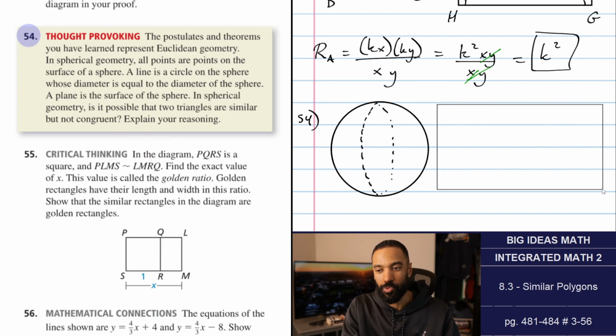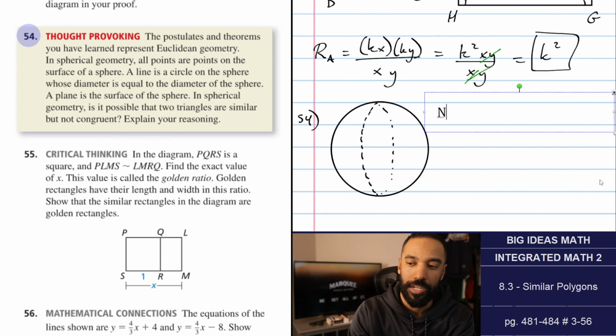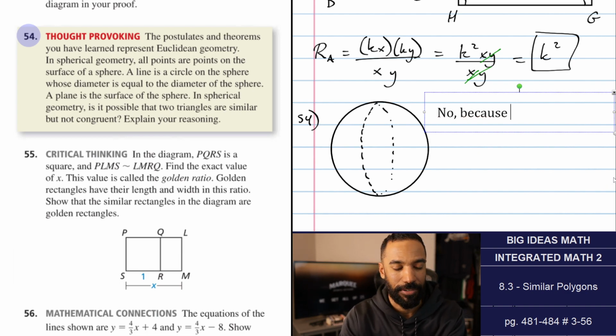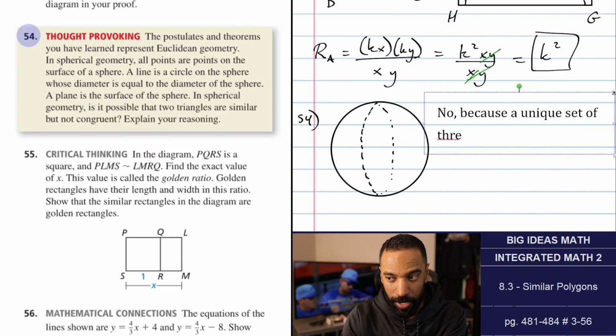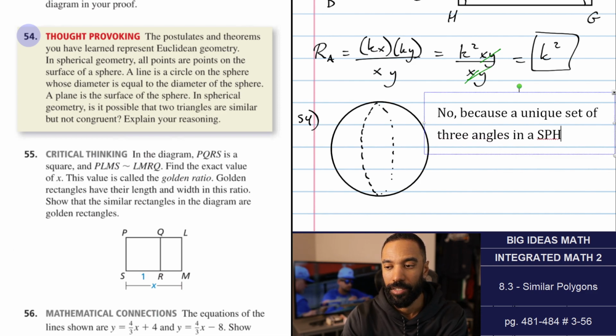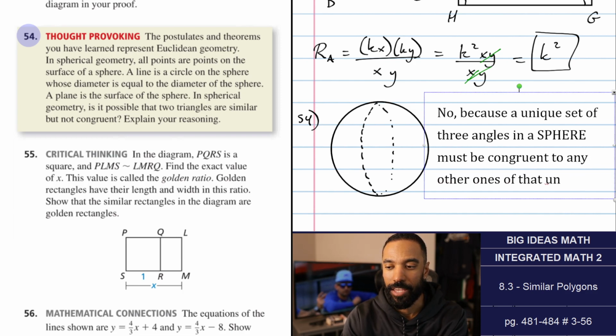I don't know how to explain this one, but I think that answer is no. Is it possible 2 triangles are similar but not congruent? No, because, and I don't know if I'm saying this right, no drawing will be able to help me explain this to you guys, because a unique set of 3 angles in a sphere must be congruent to any other ones of that unique angle set.